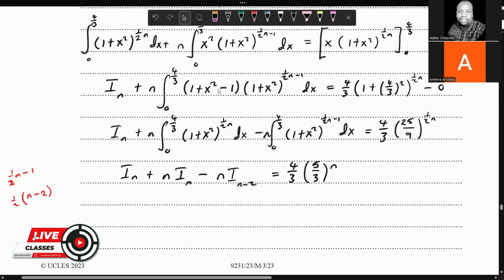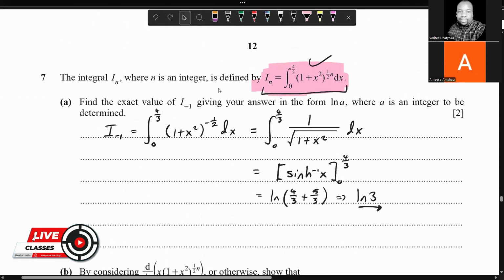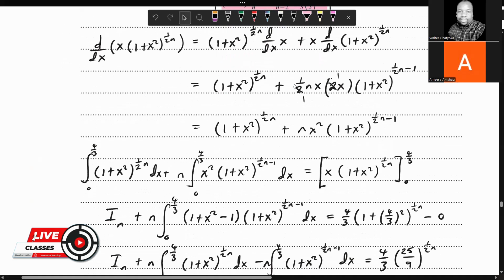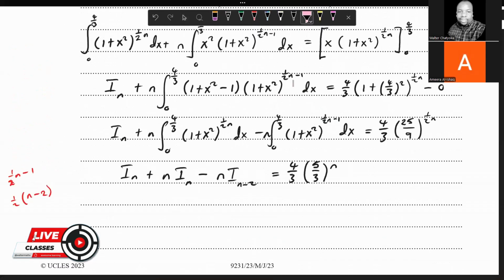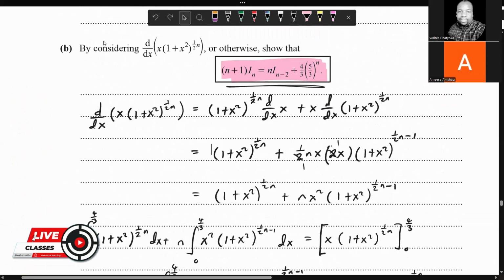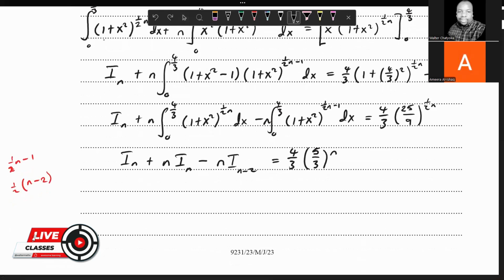So what do they want? They say here in the question, we should express it in this form. I think you can see that for these two, we can factor out I sub n, and we can have it as n plus 1 of I sub n. Is that right?